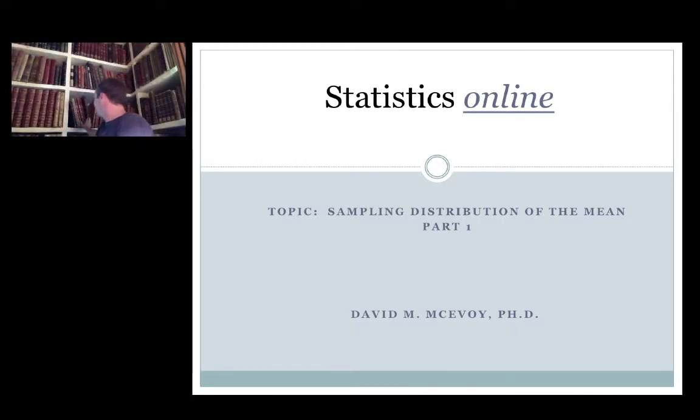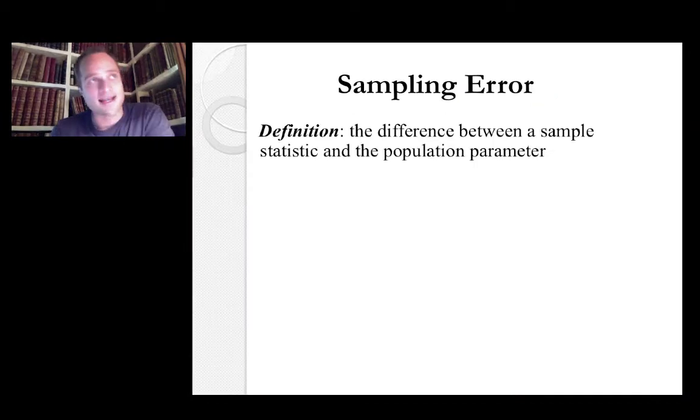Anyway, being a little facetious, but it is indeed one of the most important subjects in statistics, the sampling distribution. We begin with sampling error, which is a concept that describes the difference between a sample statistic and its corresponding population parameter.